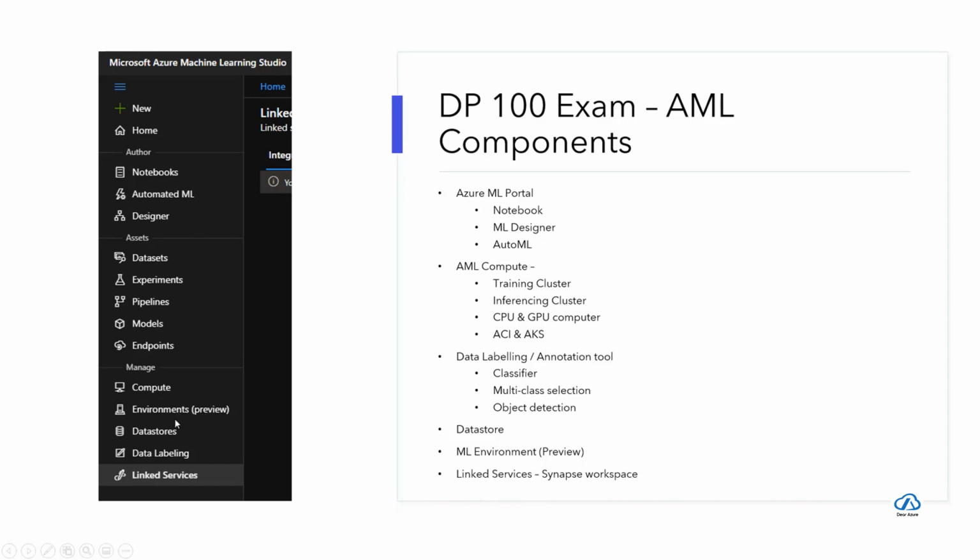There's a new feature in Azure Machine Learning, which is environments. If you are designing a model in TensorFlow or PyTorch or scikit-learn, one of the big headaches for data scientists or machine learning engineers is creating the environment. Every time we are using a new model or new algorithm, we need to create that new environment and deploy that model, because when you create those environments, it also downloads a lot of libraries.